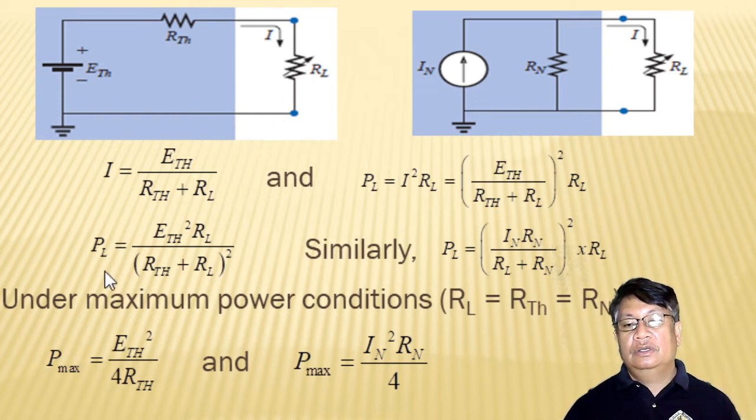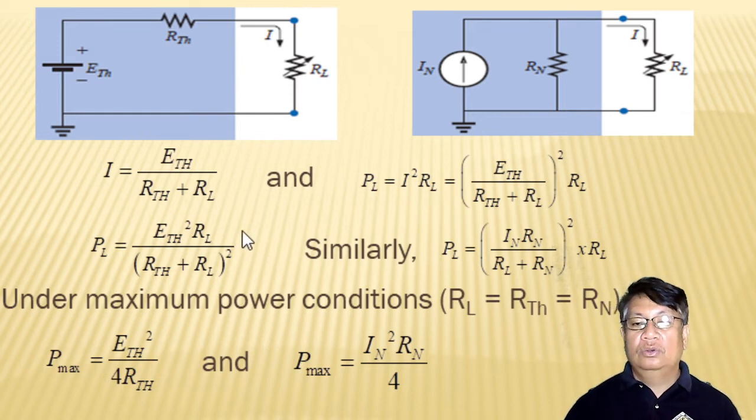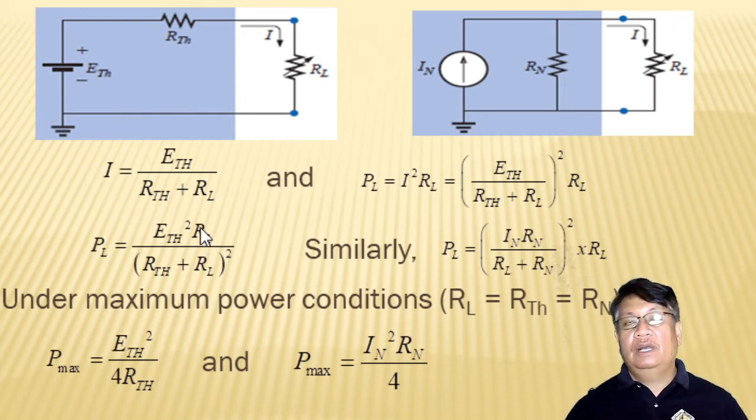The power that could be delivered to the load is simply equal to the square of the current times R sub L. That is the formula, power is equal to I squared R.